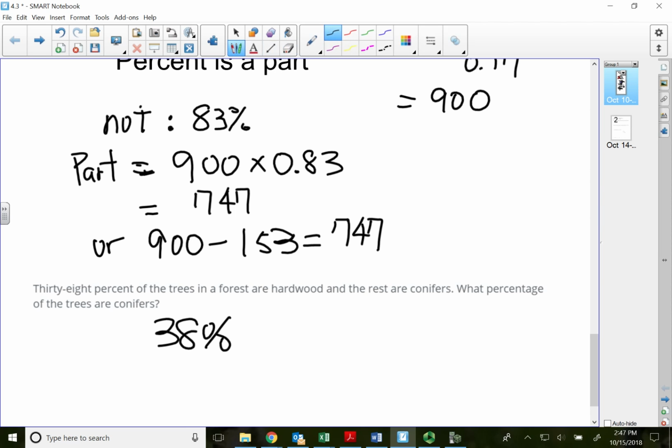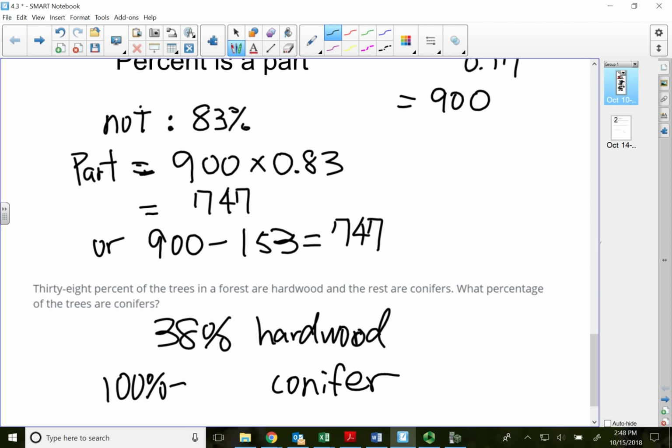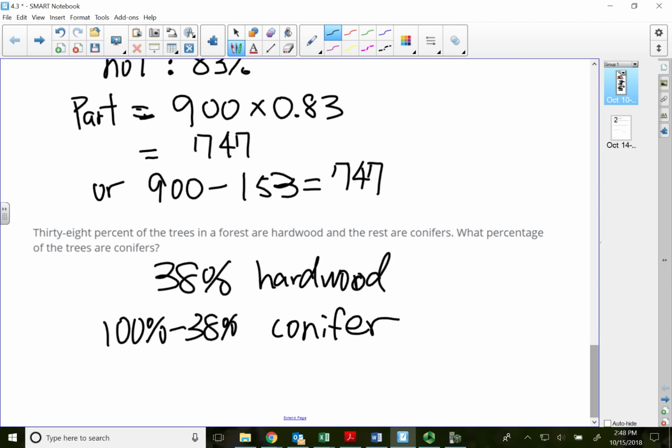If 38% are hardwood, then how many percent are not? Or the rest of it are conifers. So the conifer has to be the total number of trees, 100%, minus the 38% that are hardwood. So the rest of it, which is 62%, has to be conifer.